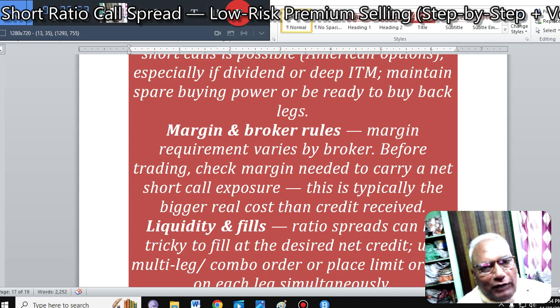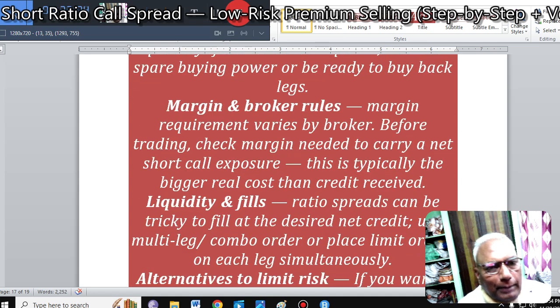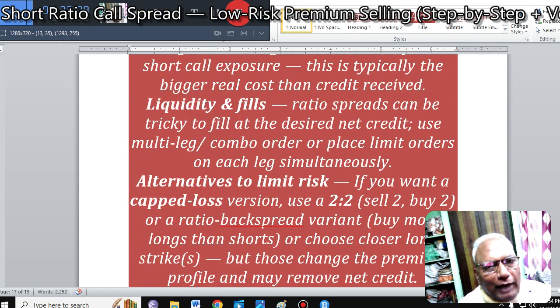Margin and broker rules. Margin requirement varies by broker. Before trading, check the margin needed to carry a net short call exposure. This is typically the bigger real cost than the credit received. Liquidity and fills: ratio spreads can be tricky to fill at the desired net credit. Use a multi-leg combo order or place limit orders on each leg simultaneously.